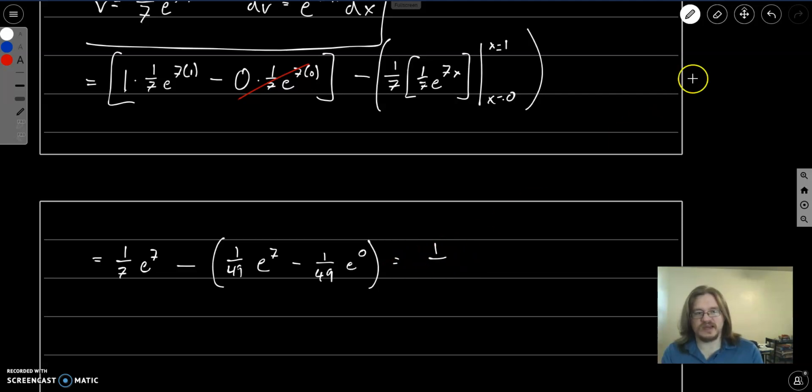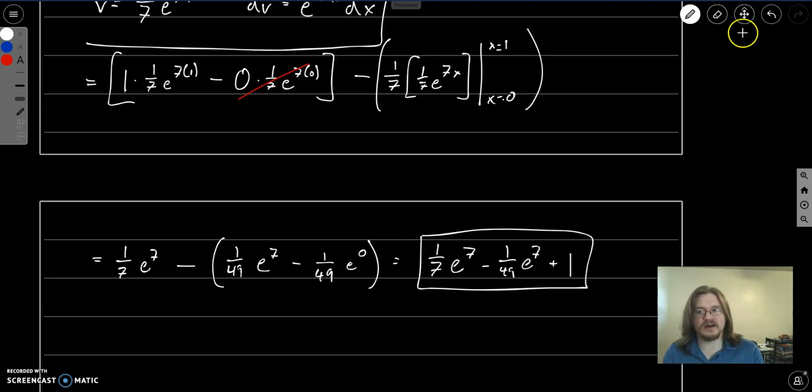So simplifying, we get 1/7 e to the 7th minus 1/49 e to the 7th. E to the 0 power is just 1, and I'm subtracting a negative number, so it's going to be plus 1. And this could be our answer.